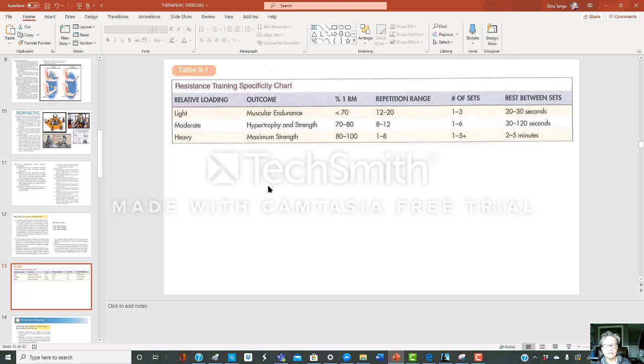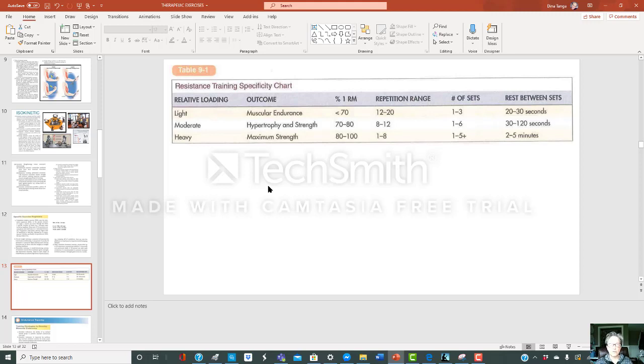So light repetitive loading, outcome is muscular endurance, 70% of your 1 rep max. Repetition range, 12 to 20. Number of sets, 1 to 3. Rest between sets, 20 to 30 seconds.